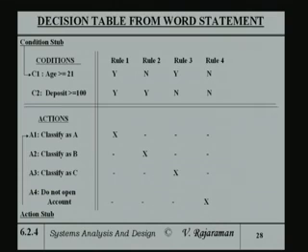If age is greater than or equal to 21 and deposit is greater than or equal to 100, classify as A. If age is less than 21, deposit is over 100, classify as B. If the age is above 21 and deposit is less than 100, then classify it as C. If the age is below 21 and deposit is also less than 100, do not open an account.